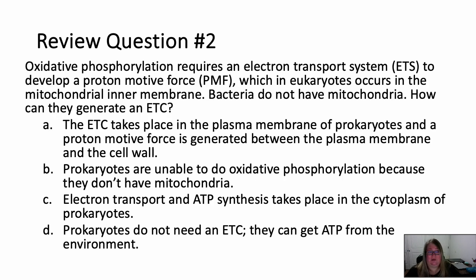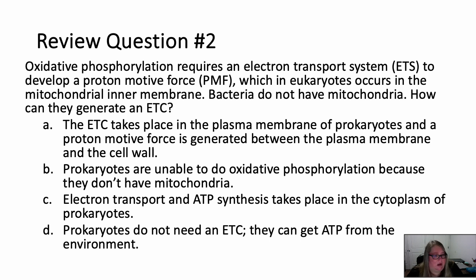Okay, so let's go to review question number 2. Review question number 2 says, oxidative phosphorylation requires an electron transport system, or ETS, to develop a proton motive force, PMF, which in eukaryotes occurs in the mitochondrial inner membrane. Bacteria do not have mitochondria. How can they generate an ETC? So A says the ETC takes place in the plasma membrane of prokaryotes, and a proton motive force is generated between the plasma membrane and the cell wall.